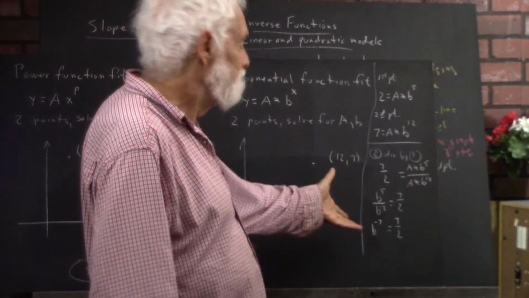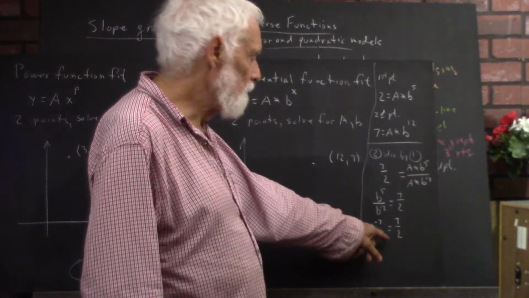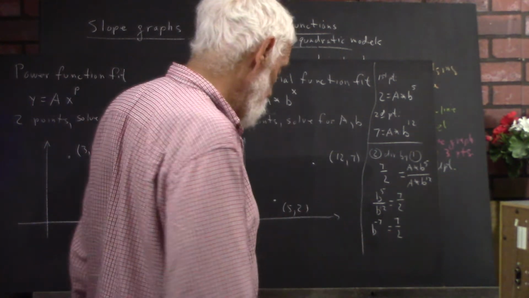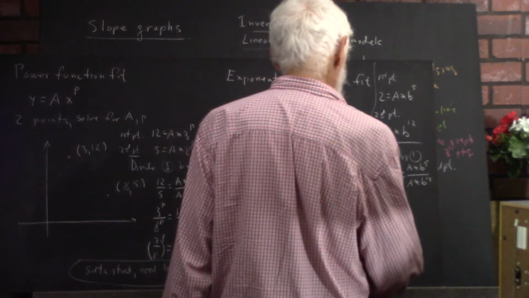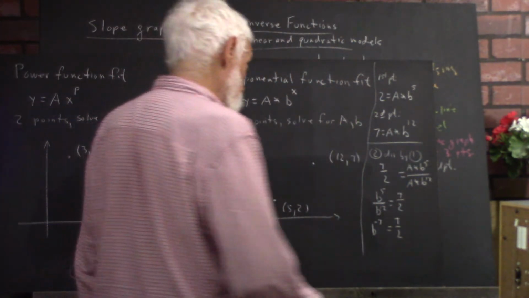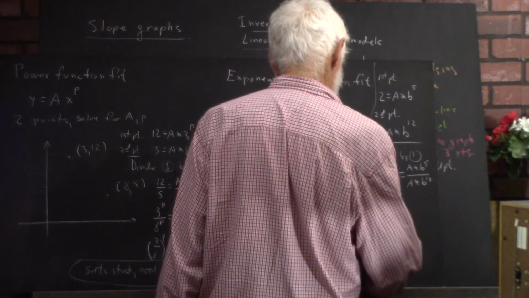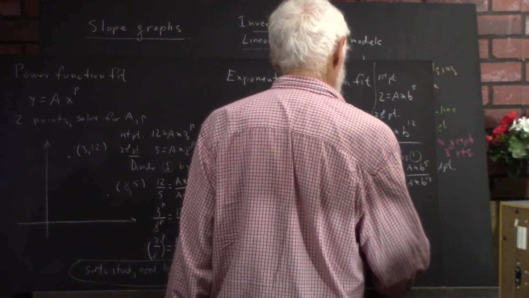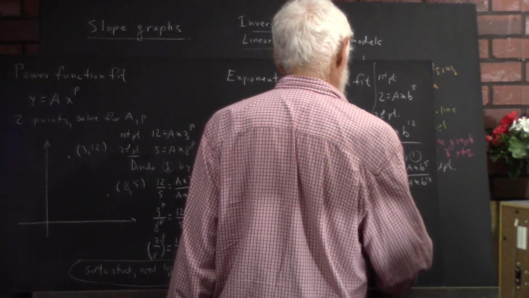And again, people tend to be a little shaky in this next step, but it's very simple. I just raise both sides to the -1/7 power. Now this requires that you really understand the laws of exponents.